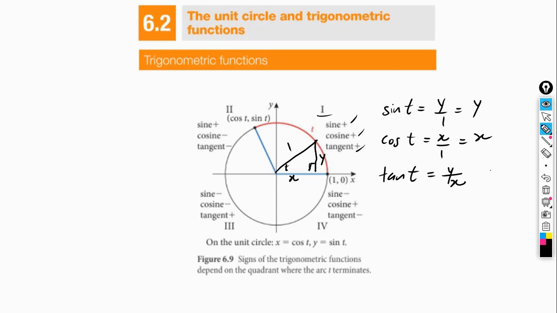In the second quadrant, sine is positive, cosine is negative, therefore tangent is negative. In the third quadrant, we have negative for sine, negative for cosine, therefore positive for tangent. And finally, for the fourth quadrant, we have negative sine, positive cosine, and therefore negative tangent.